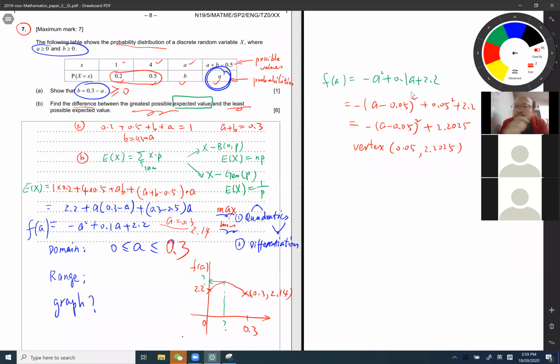Based on our graph, the range: what's the minimum value? 2.14. This question is really important.